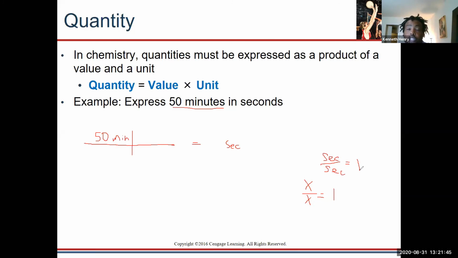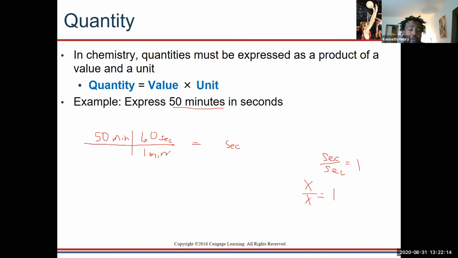So we can use the units to track our answer to make sure that we're on the right track. Knowing that, how many seconds are in a minute? 60. So I could put 60 seconds over 1 minute. That's an equivalency, right? We know that 1 minute equals 60 seconds.